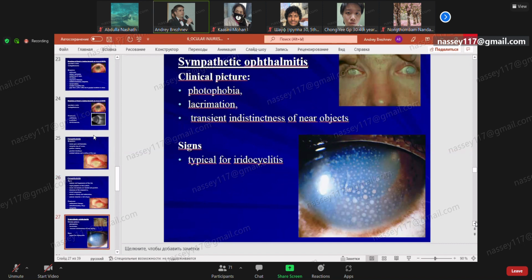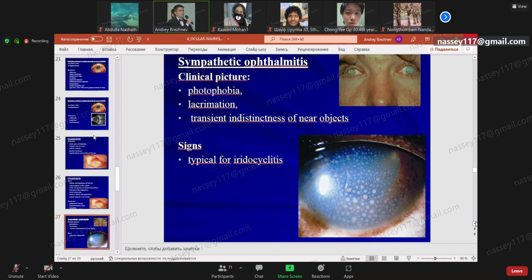One more severe complication of previous perforative trauma is the so-called sympathetic ophthalmitis. It is a bilateral, granulomatous panuveitis. Panuveitis means inflammation of all the parts of the uveal tract, the anterior part, iris and ciliary body, and the posterior part, choroid. So this is panuveitis, which follows a penetrating ocular trauma.